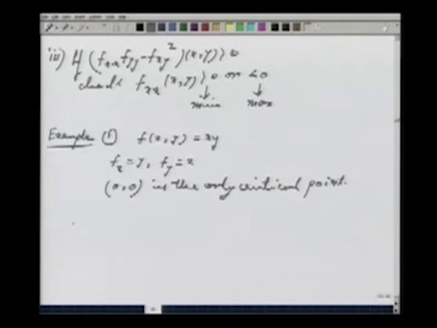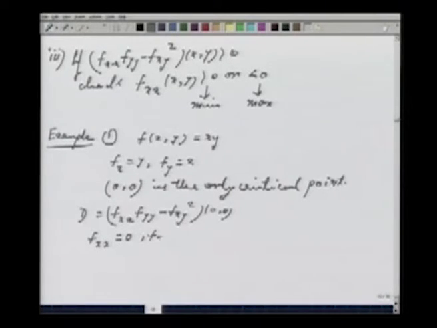Then I have to search for D, capital D, that is fxx fyy minus fxy square at the point 0, 0. So I need to calculate what is fxx. Fxx turns out to be 0 because fx is a function of y only.